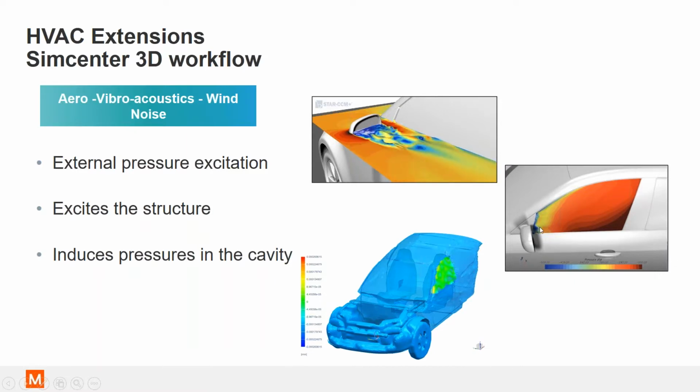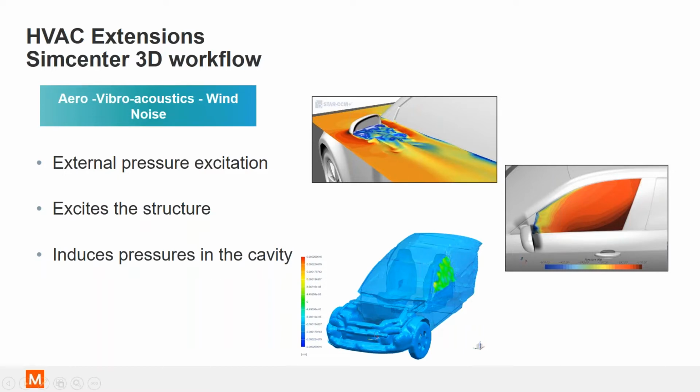And so what happens is that you have these surface pressures that are fed back into Simcenter Acoustics, so that you can understand the acoustic behavior within the interior of the car. So essentially, there are a lot of possibilities in how you would like to conduct an acoustic analysis.